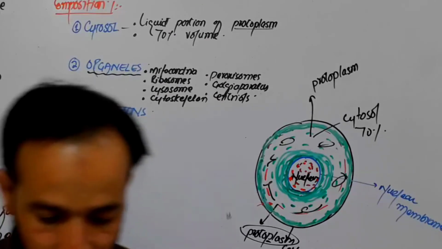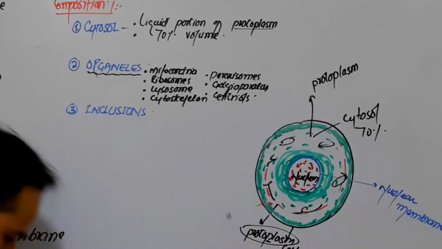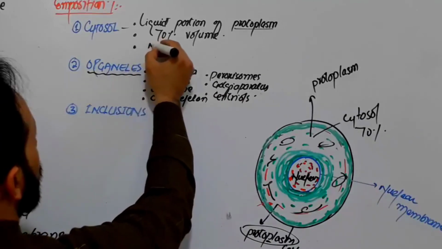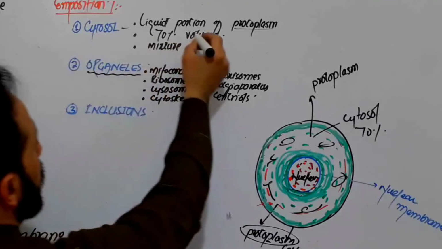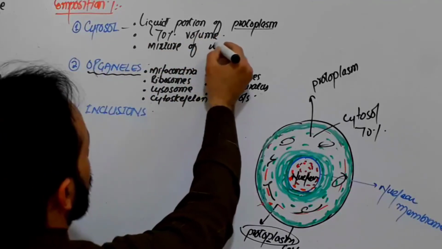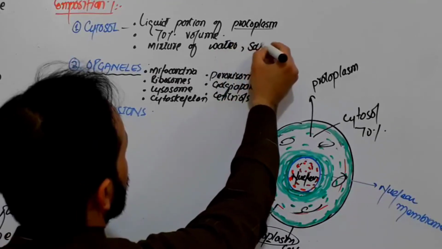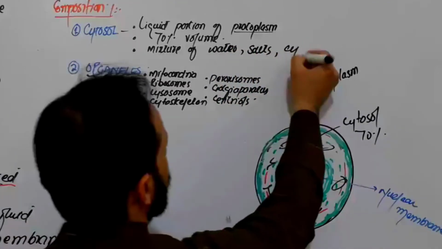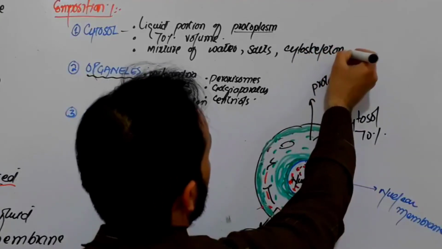It is a mixture of water, salts and other substances. Let me write it here. Cytosol is a mixture of water, salts, cytoskeleton, right?